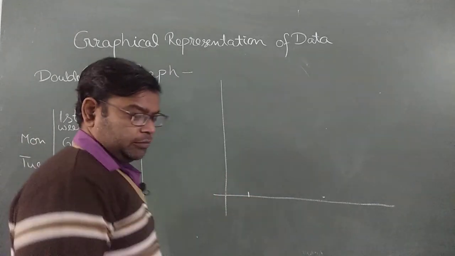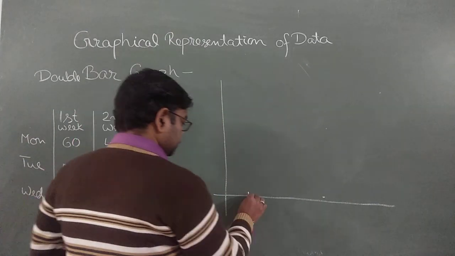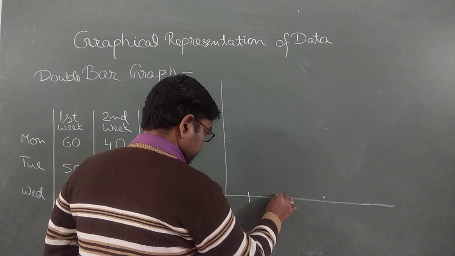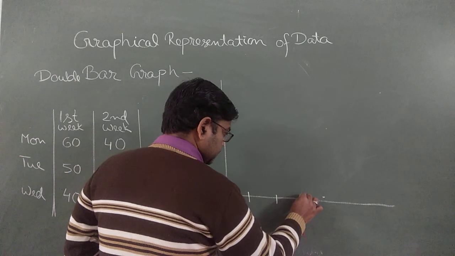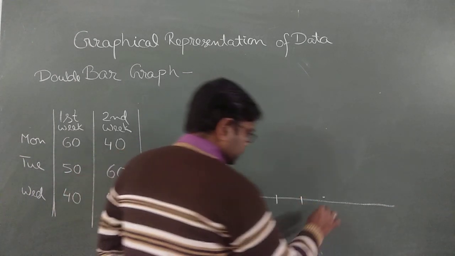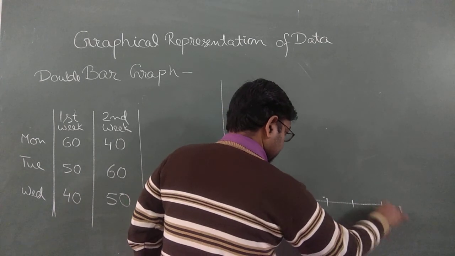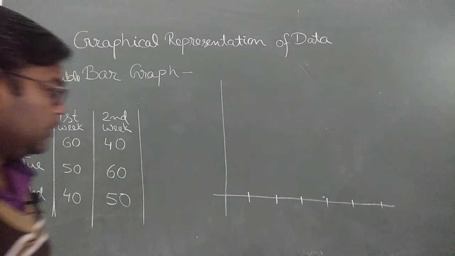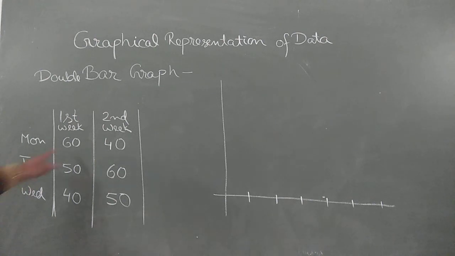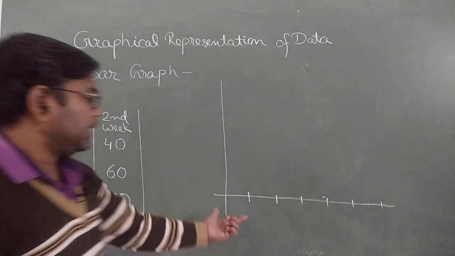Just see, I am going to take some equal width. No, not like this, equal width. This is for Monday, for Tuesday, for Wednesday. Clear? But here we have to represent two data, so we have to make some gaps.